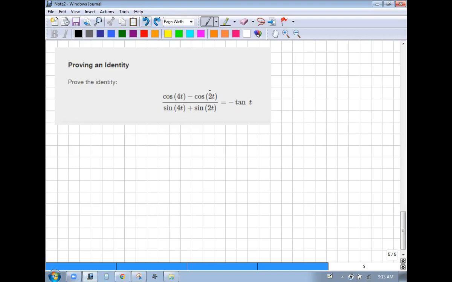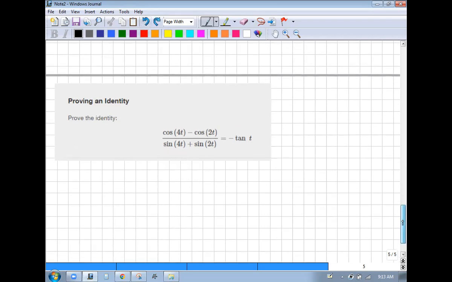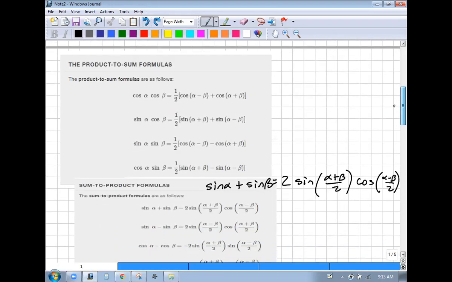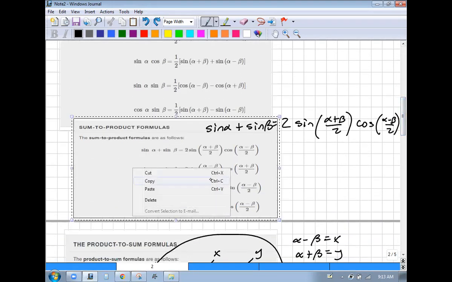I would probably start using double angles to try to get rid of these, or half angles to try to get rid of the 2 t's and the 4 t's in favor of t, and that would eventually work. But if we realize what section we're in, we can go, well, this is a difference and this is a sum. Let's look at our 2 formulas. So where are they?